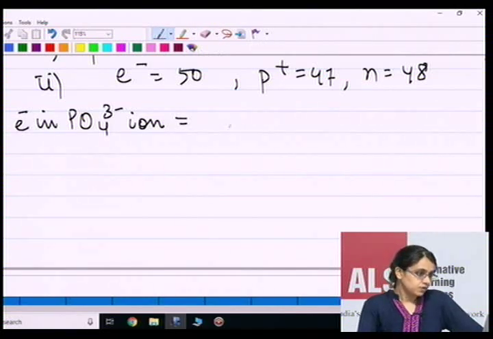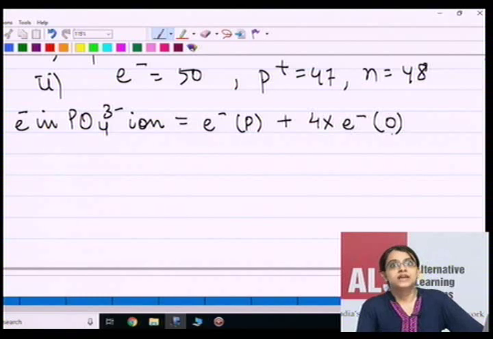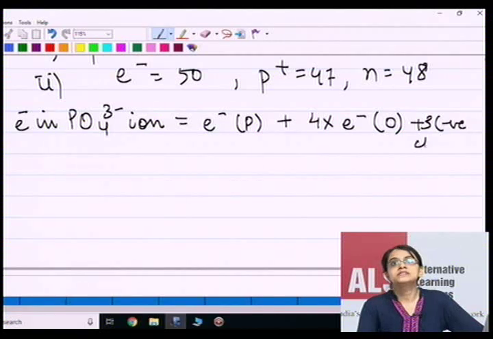Electrons in phosphate ions would be equal to number of electrons in phosphorus atom plus 4 into number of electrons in oxygen atom, because we have 4 oxygen atoms here, and plus 3 due to the presence of negative charge.